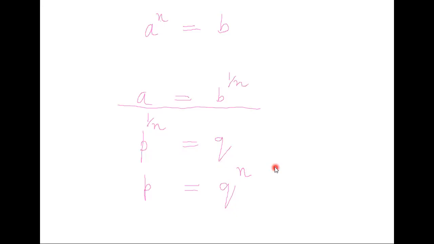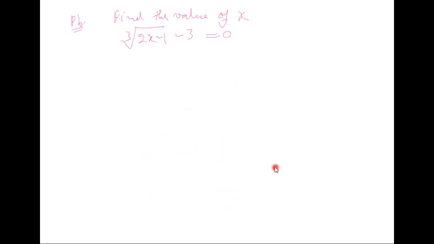So let us come back to the problem we were solving. So here is our problem. Now, first of all, let us take -3 to the other side. -3 becomes +3. Here we have cube root 2x minus 1.